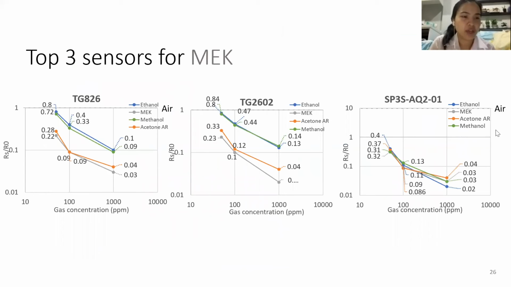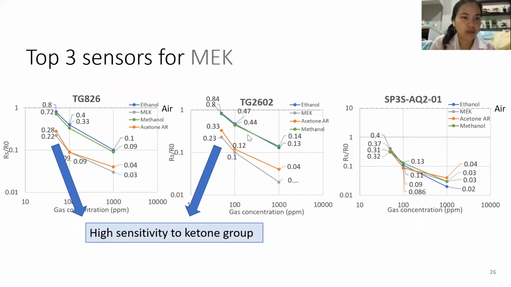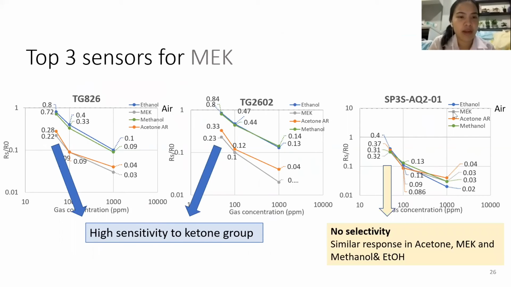Comparing the top 3 sensors, the top 2 are very sensitive to the ketone group. But in the third place, the response to acetone and MEK compared with methanol and ethanol is very similar.